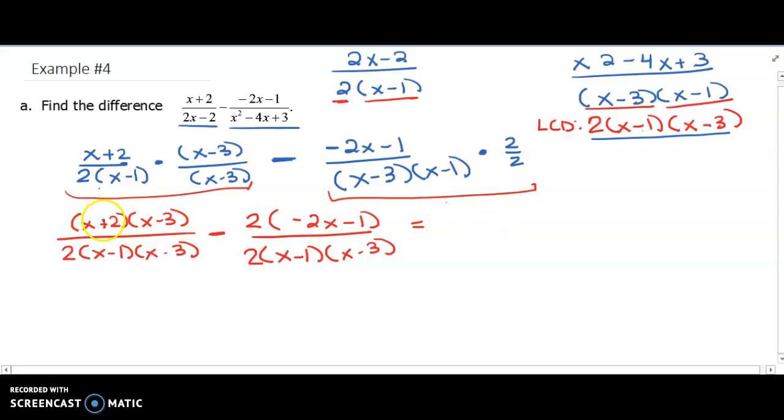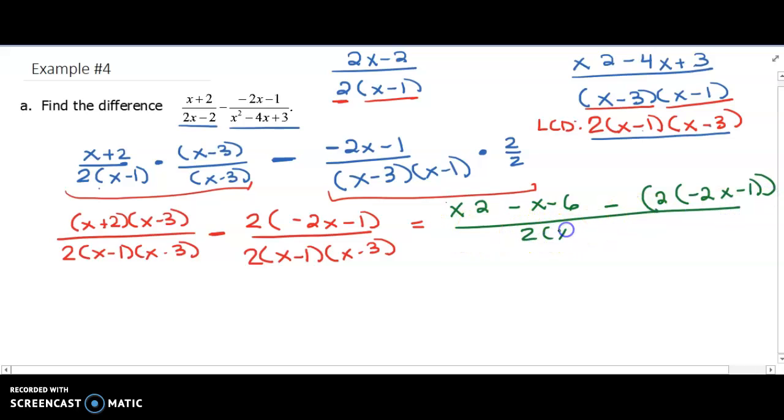So if I go ahead and FOIL this out, I get x squared minus x minus 6 minus, and then if I go ahead and put this through, I get 2 times negative 2x minus 1 over 2x minus 1, x minus 3. I'm going to simplify this a little bit more.